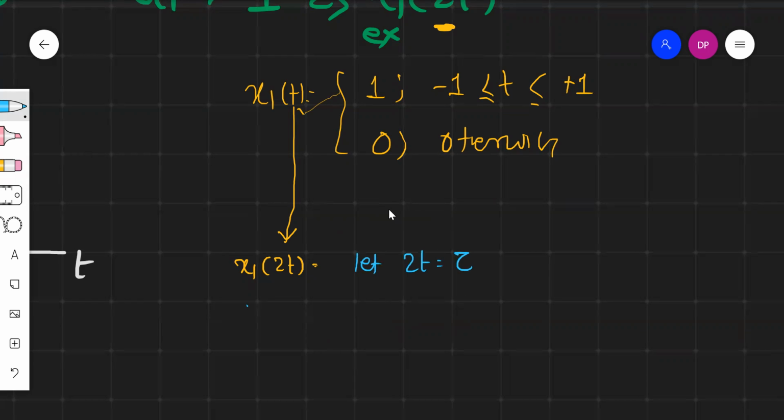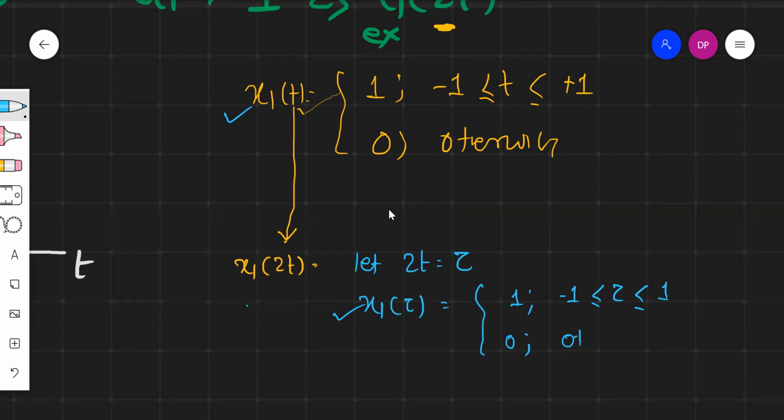So what will happen? x1 of tau. How will you express x1 of tau? x1 of t is given like this, so x1 of tau is 1 when tau lies between -1 to 1. This expression is quite similar, only the independent variable t is replaced by tau.